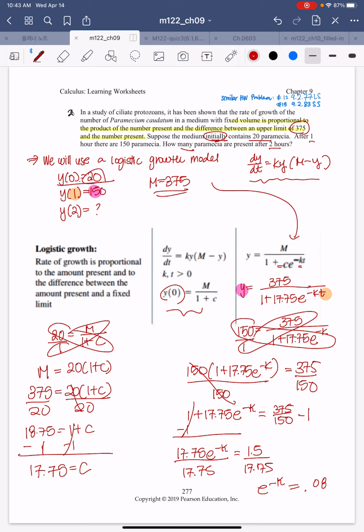Let me just double check everything looks good. 375 divided by 150 minus 1 is 1.5, divided by 17.75.